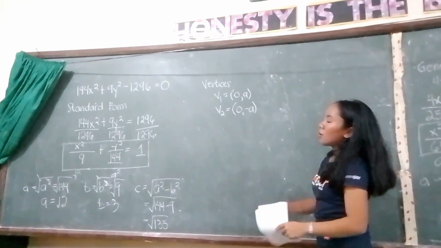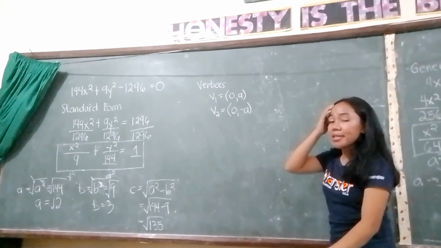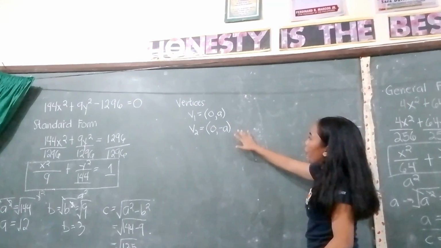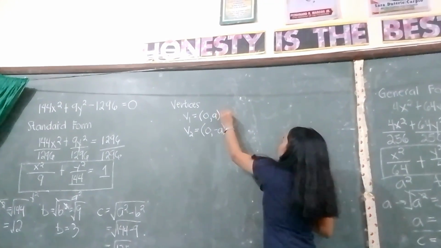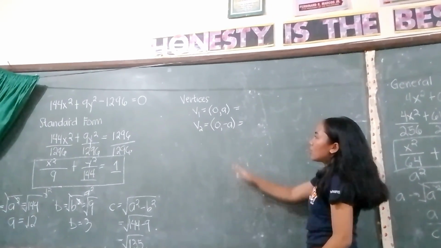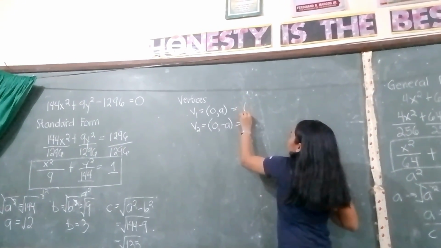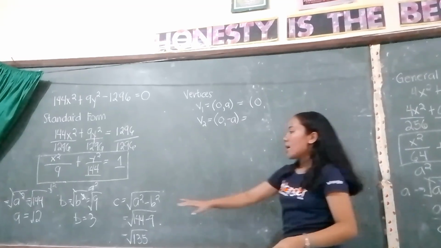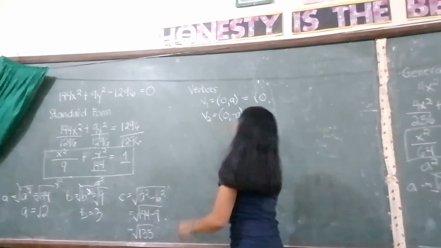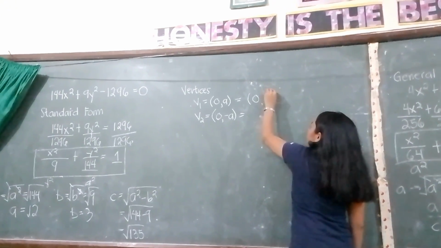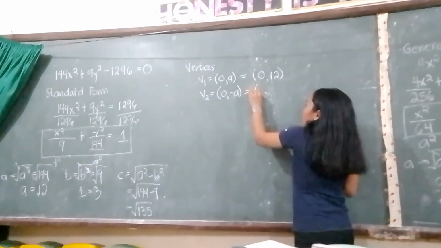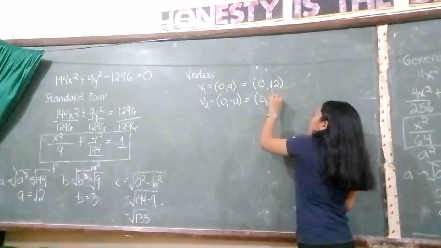So, since our orientation is vertical, we have these vertices in the coordinate system: 0 and a, and 0 and negative a. So 0 and a, we have 0 and our a is equal to positive 12. So we have here 0 and 12. And for our V sub 2, which is 0 and negative a, so we have 0 and negative 12.